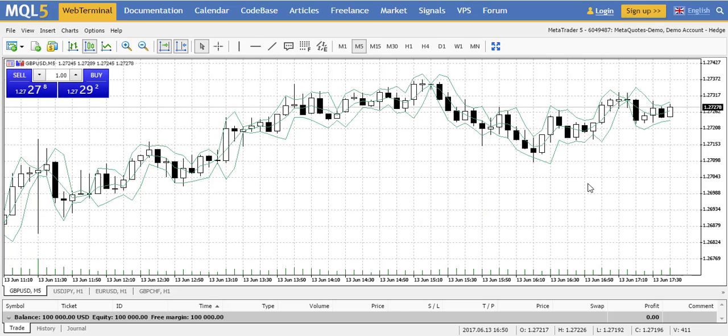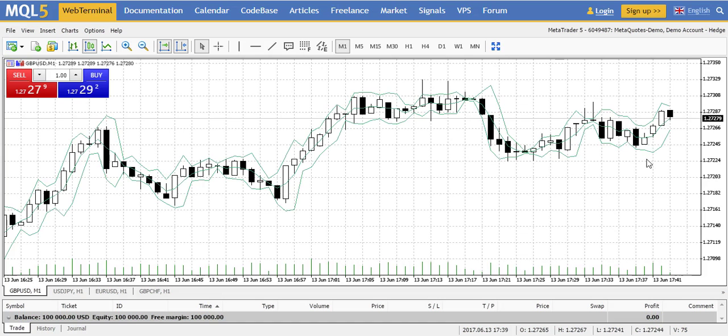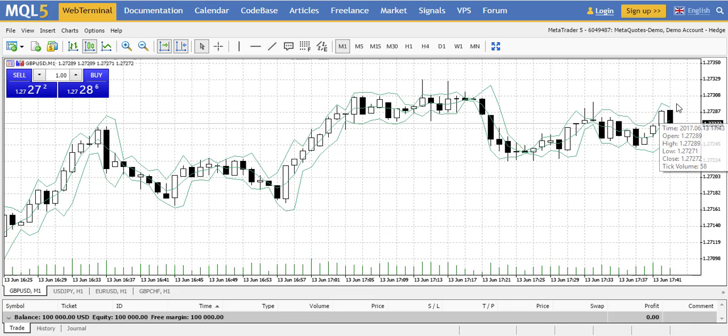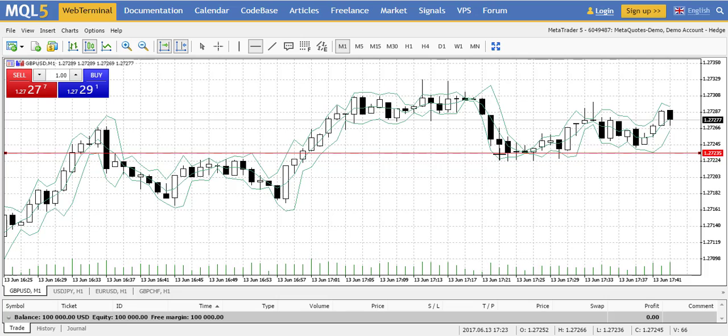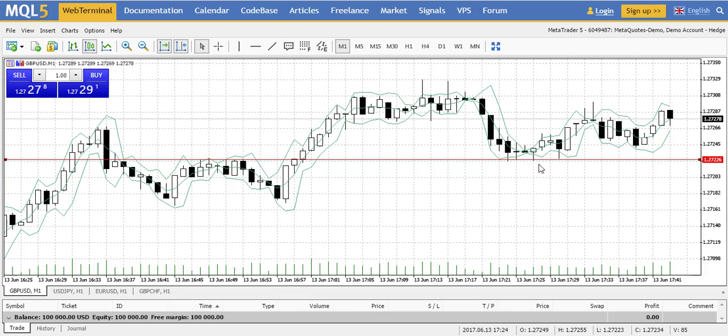Right now, with the GBP USD pair, I can't tell anything for sure because there's too much inconsistency. If we switch to the minute chart, we can see that even though the quotes are above the average line, it is starting to fall. So let's use some lines and see what we have.